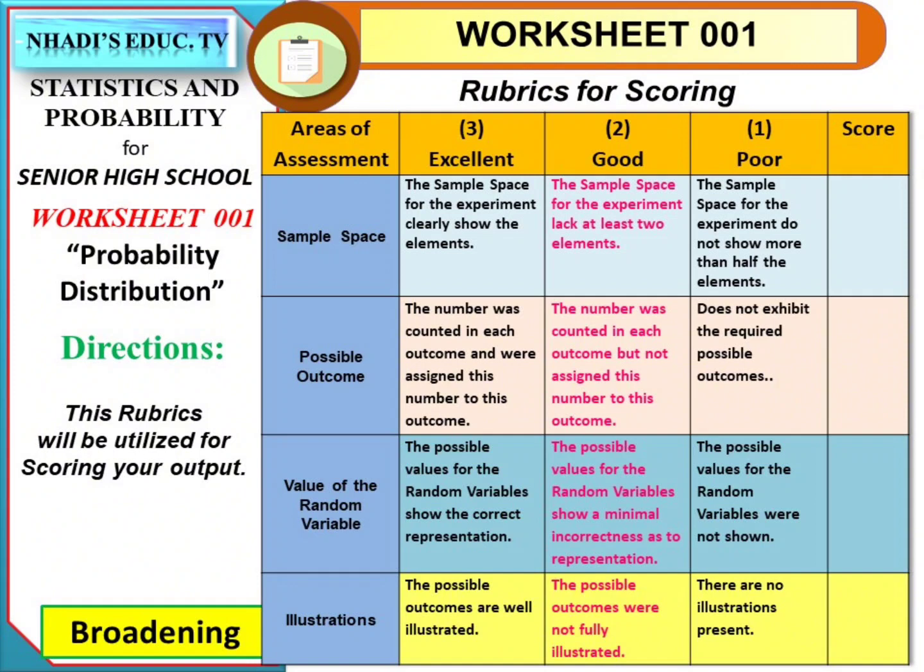For the value of the random variable, 3: the possible values for the random variable show the correct representation, while 2: the possible values show a minimal incorrectness as to representation, and 1 point: the possible values for the random variable were not shown. And illustrations, 3 points: the possible outcomes are well illustrated. 2 points: the possible outcomes were not fully illustrated, and 1 point: there is no illustration present.